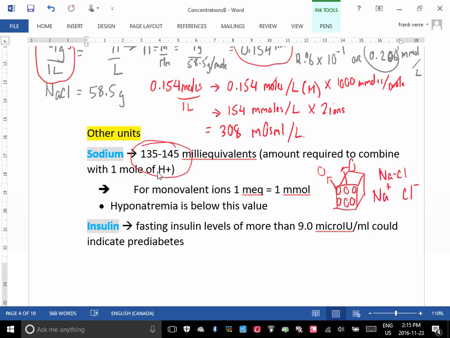So for example, for an ion that's monovalent, which means it's +1 or -1. If it was +2, then it would be called divalent. But for an ion that's +1 or -1, the unit, and I'll be honest with you, you're probably never going to come across this. I just thought I would put it up there.